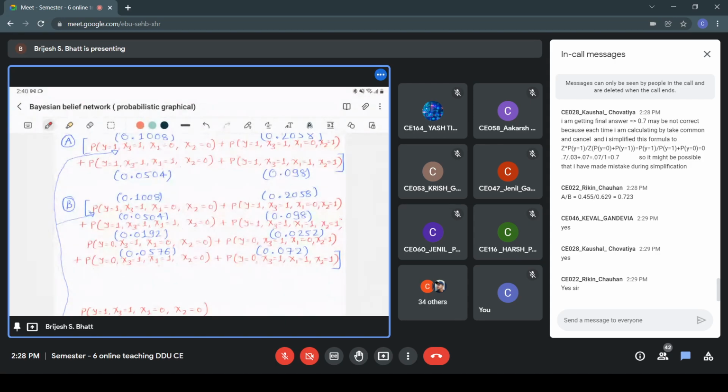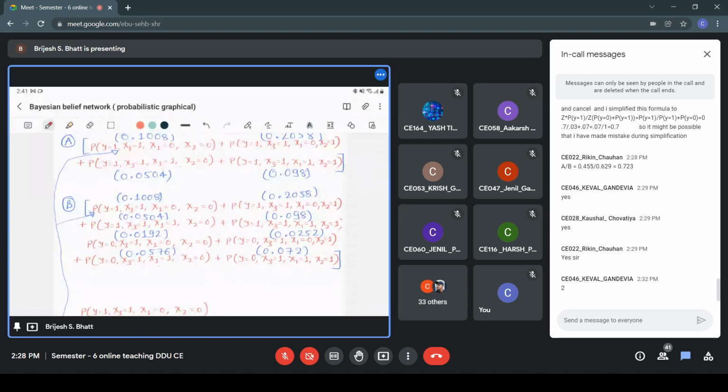Here we had four formulas to compute in numerator and 8 in the denominator, right? Why 8 in the denominator? Because we marginalize over three variables.